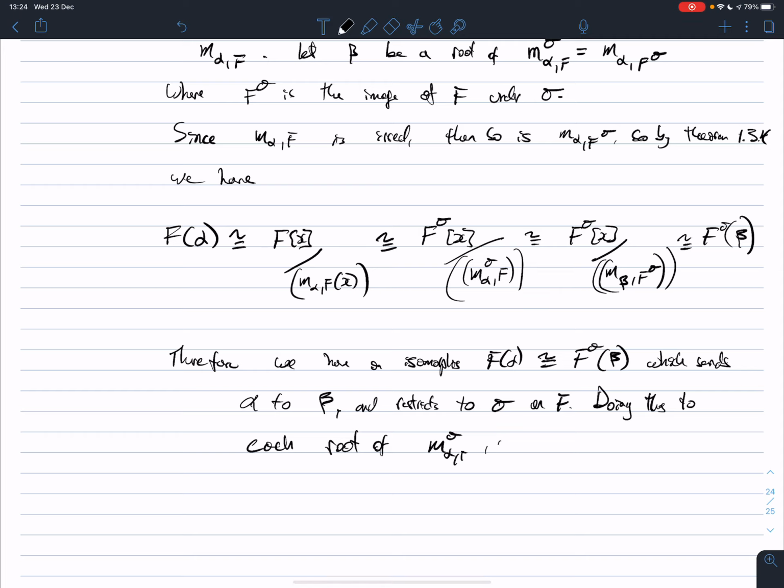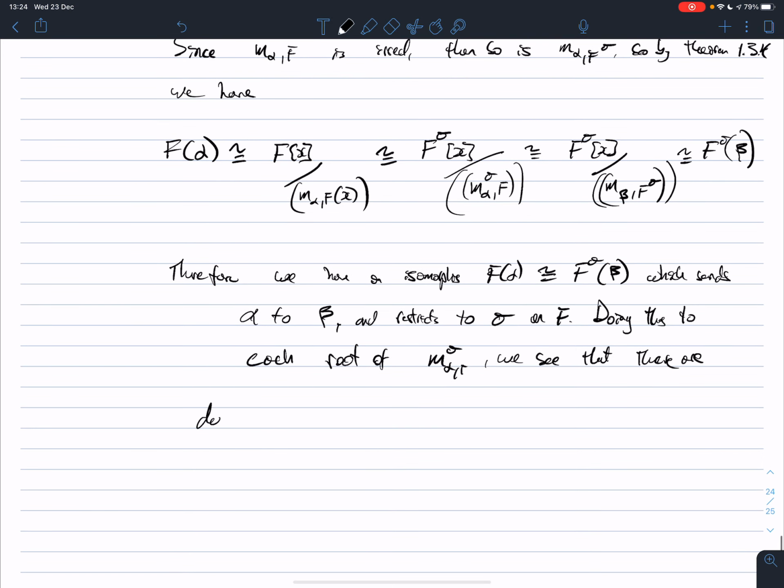Doing this for each root, we see that there are deg m_α,F many extensions of σ to F(α).